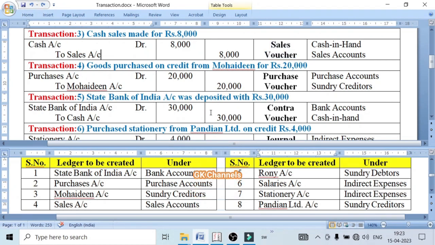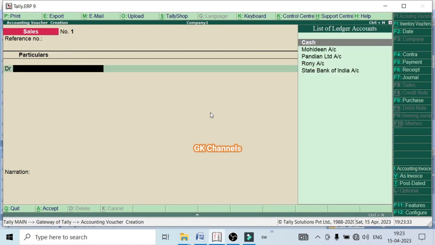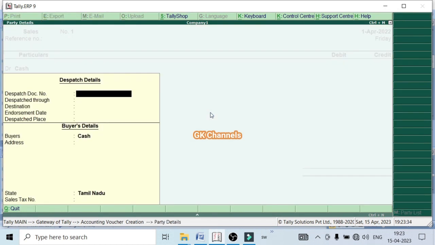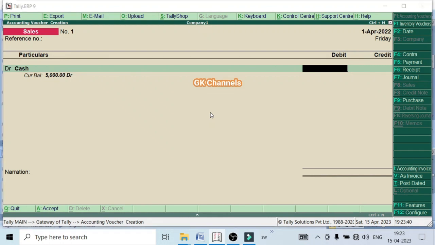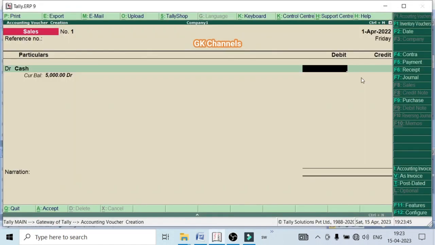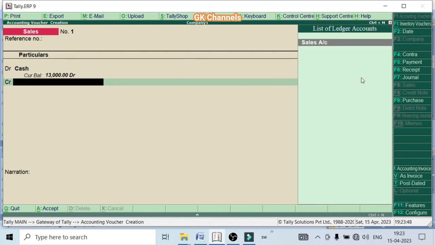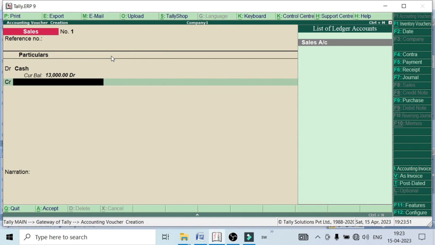So debit cash account, and I am skipping the secondary screen without entering any of these dispatch details, and the amount is 8,000, and credit sales account.